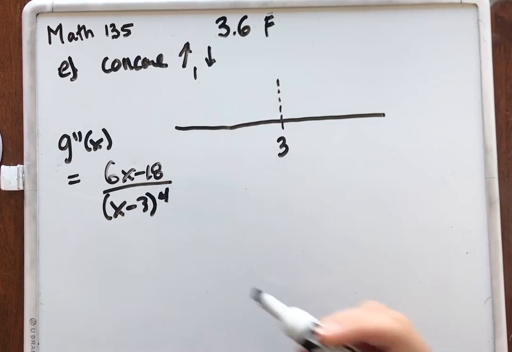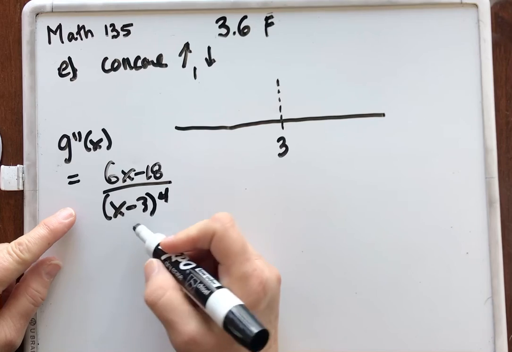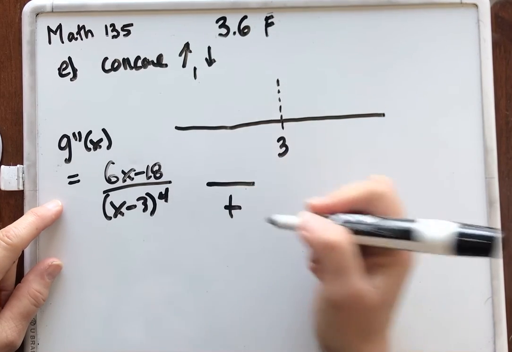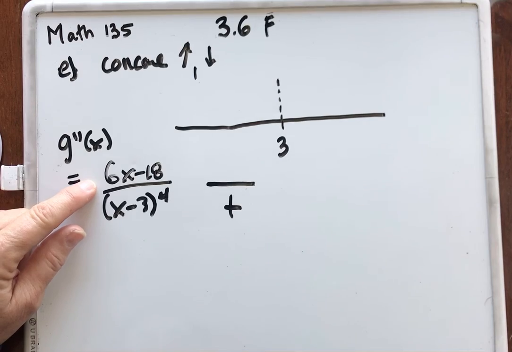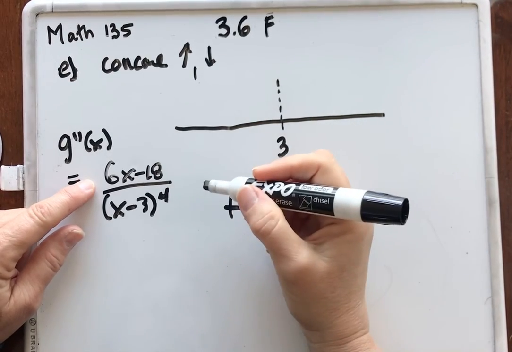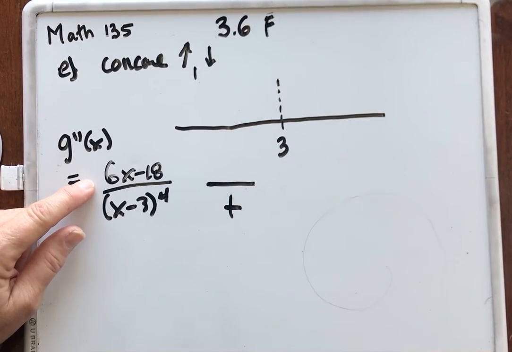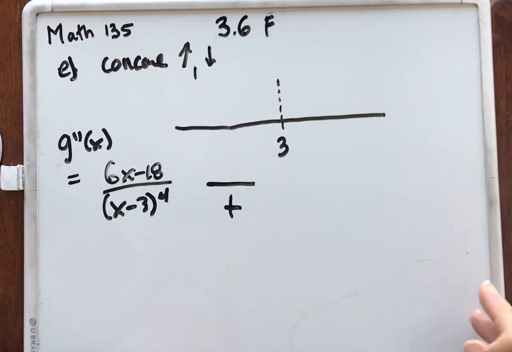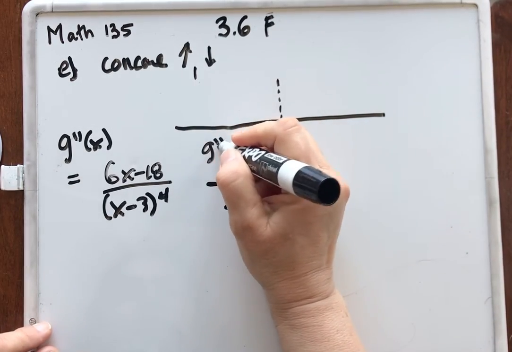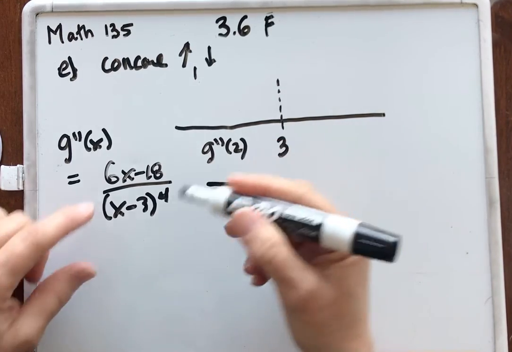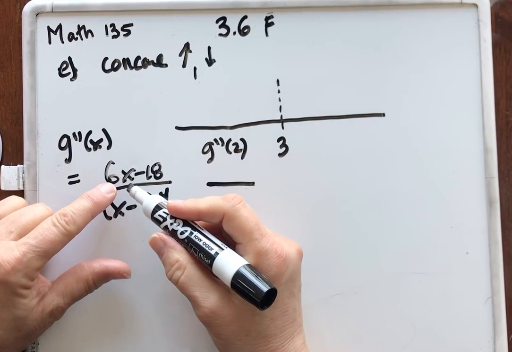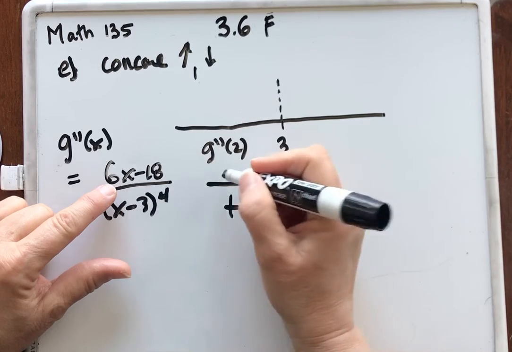Okay, now for all x, no matter what we put in the denominator, we're going to get a positive. Now here, we could get a positive or a negative depending on what we put in. If we put in a number less than 3, we're going to look at g double prime of 2, because 2 is less than 3, right? If I put a 2 in there, we get 12 minus 18, which is going to be negative.